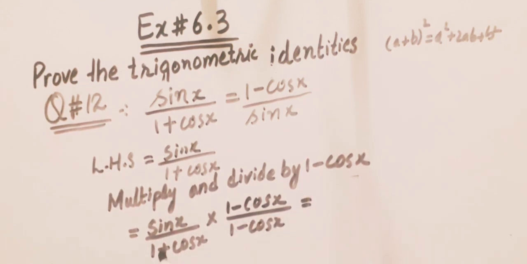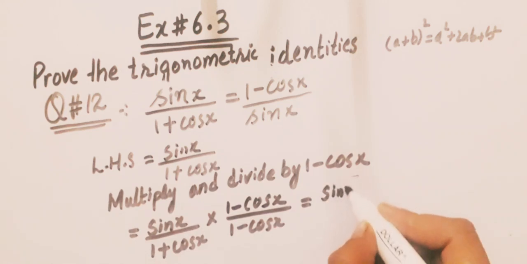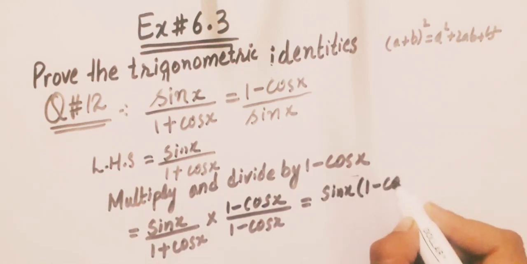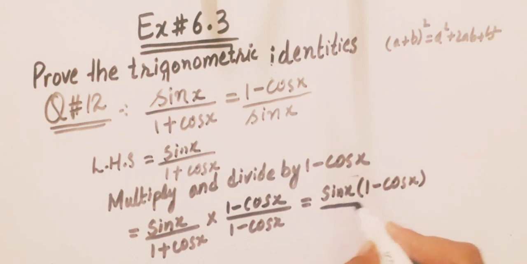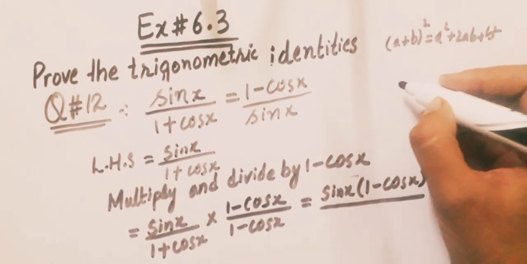Now we have sin x into (1 − cos x), over (1 + cos x) into (1 − cos x).